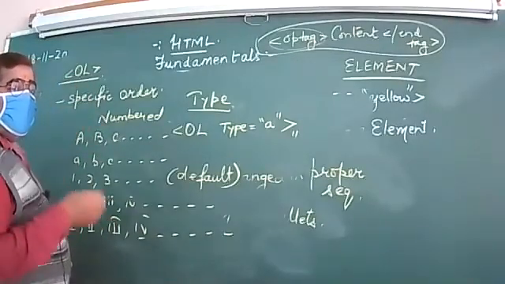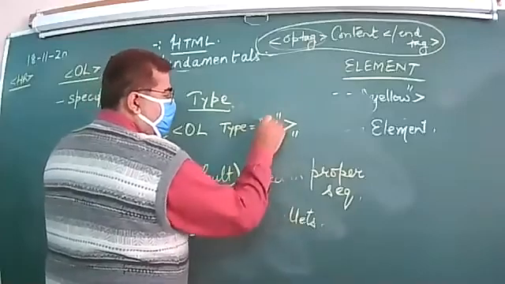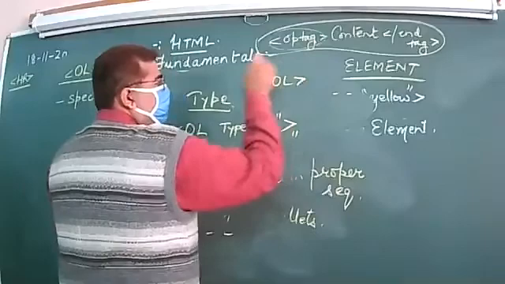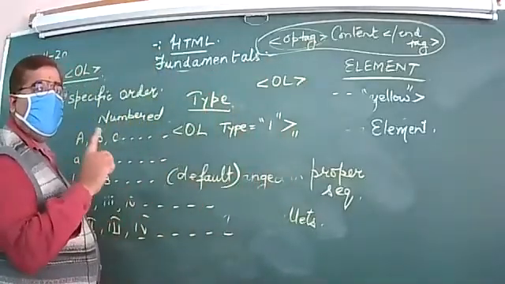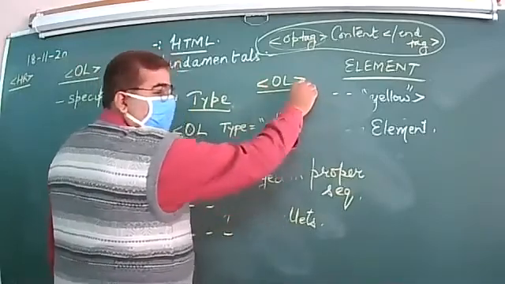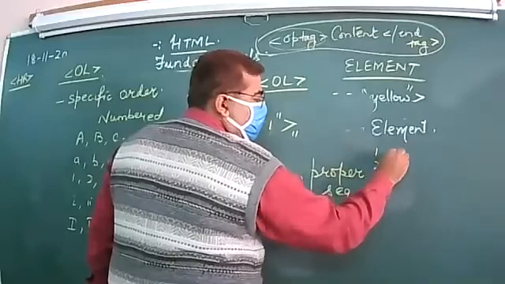Suppose you want to give it in 1, 2, 3 form. Either you write 1 over here, or you just write OL, because by default the list will be displayed in 1, 2, 3 form.